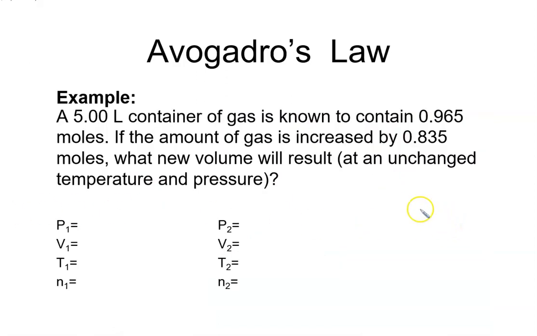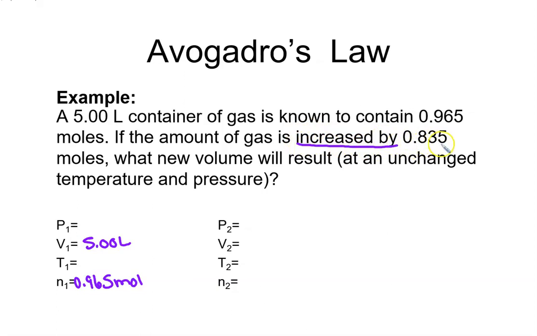All right, so let's look. It says a 5-liter container of gas, so we've got 5 liters as our volume, is known to contain 0.965 moles of some gas. I don't know what gas it is, so I won't put a label there. It says if the amount of gas is increased by, this is important.